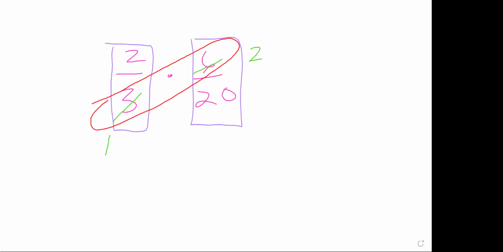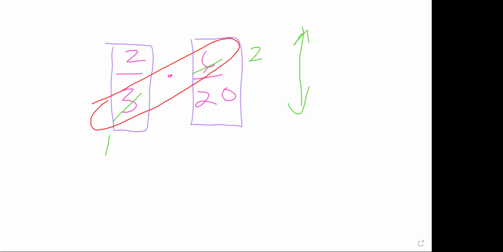And now here I've got 2 over 20, right? Can I reduce 2 over 20? Yes, it's possible. So it's all about you knowing the rules. I can go diagonally and then look at the fractions separately. That's how you reduce it.